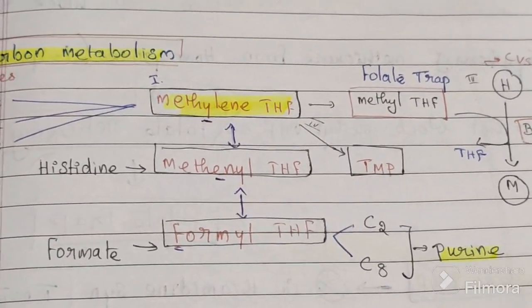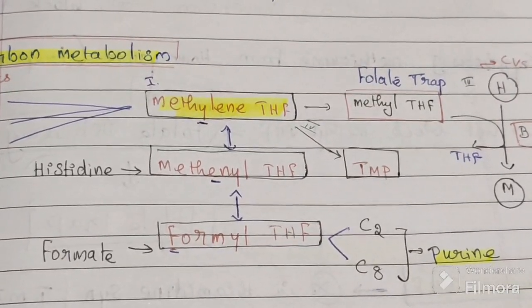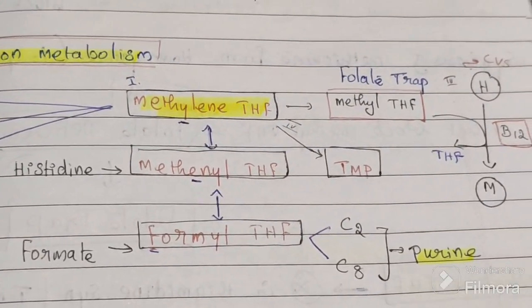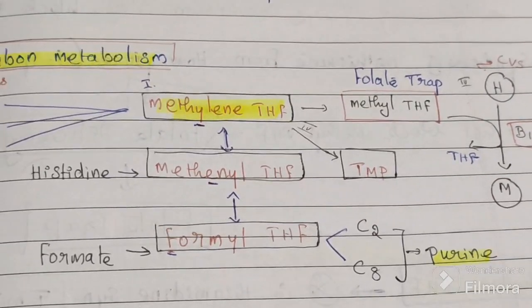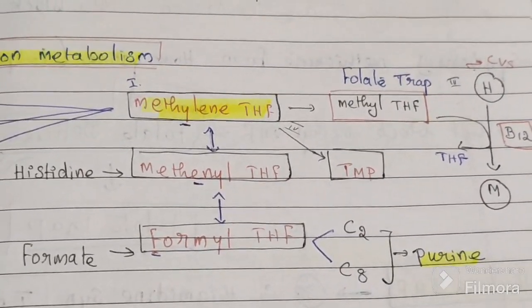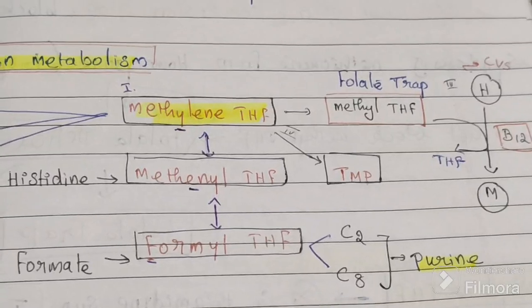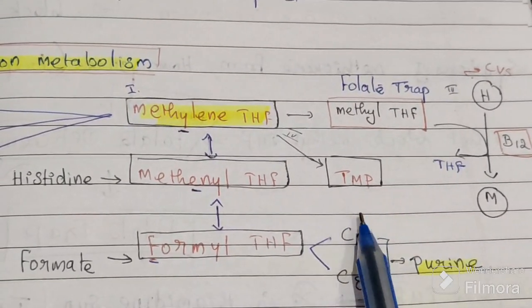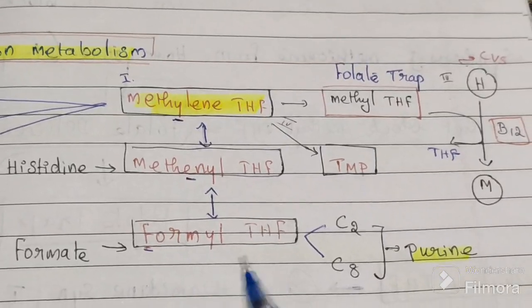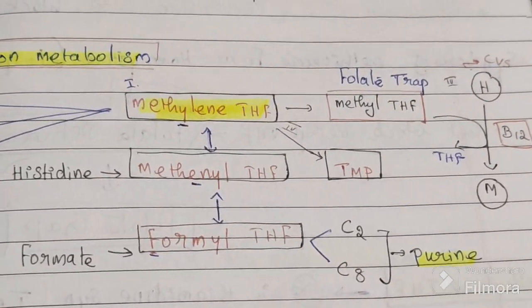In this way, through one carbon transfer, tetrahydrofolate or folic acid is responsible for synthesis of thymidine monophosphate, which is useful for DNA synthesis, and is important in purine synthesis.